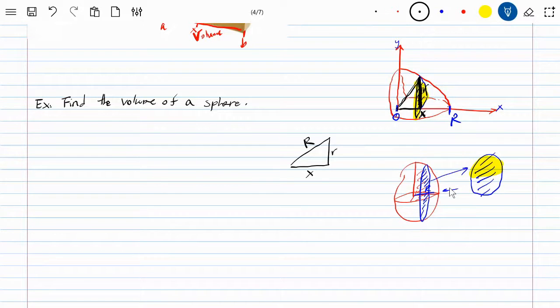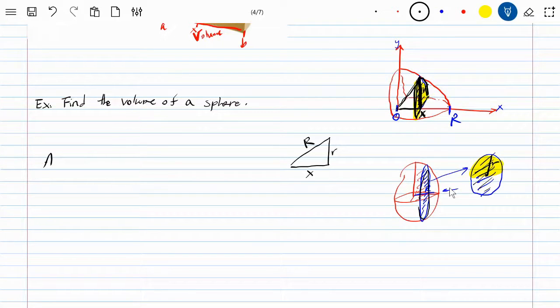You need to be good at seeing the curve, because it's not that clear that this is an upper half of the circle. But if you cut through the sphere, you'll notice that this is basically a circle, which means I need to figure out the radius of that circle and figure out the area.